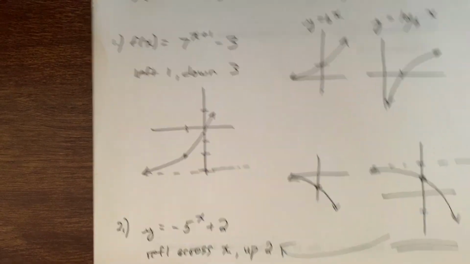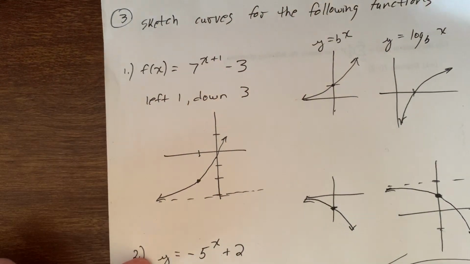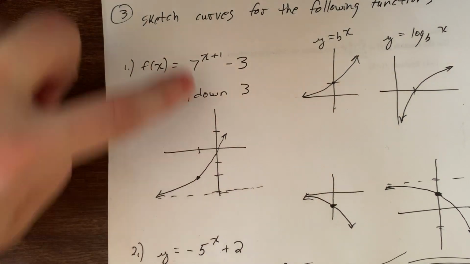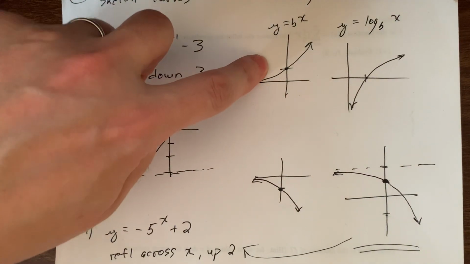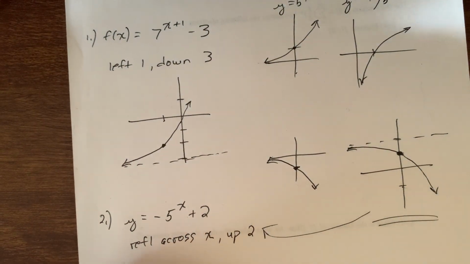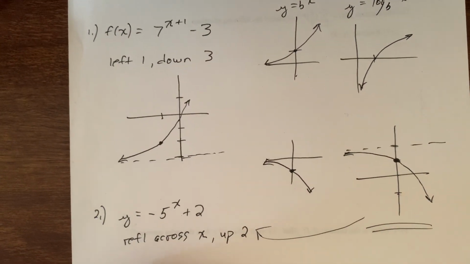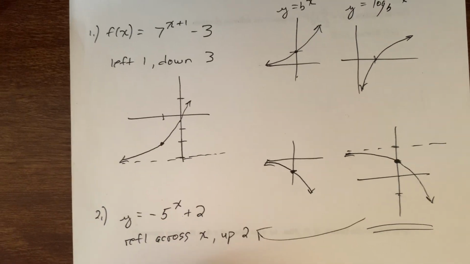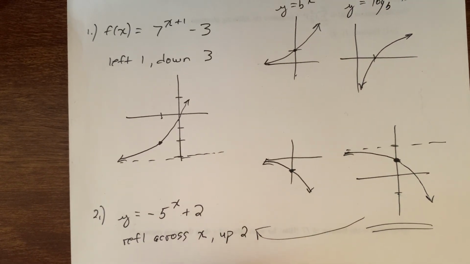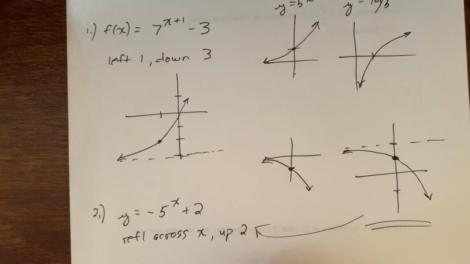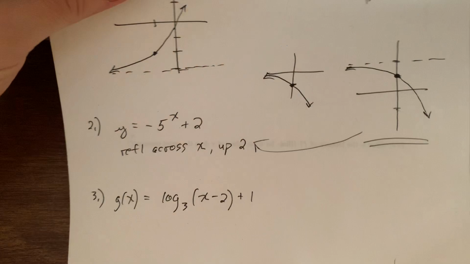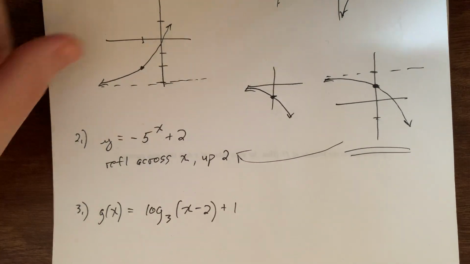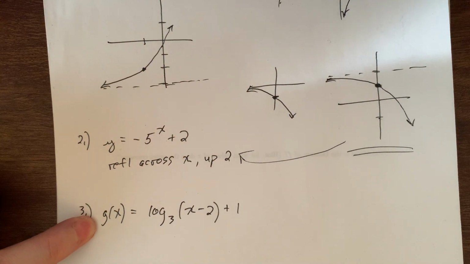Number 3. Oh, notice very quickly, f, y, that doesn't matter. I'm looking over here at the equations, and both of these have the basic exponential. That's why we use this as the base graph. Number 3, let's look at g of x is equal to log base 3 of x minus 2, plus 1. Now that's my function.